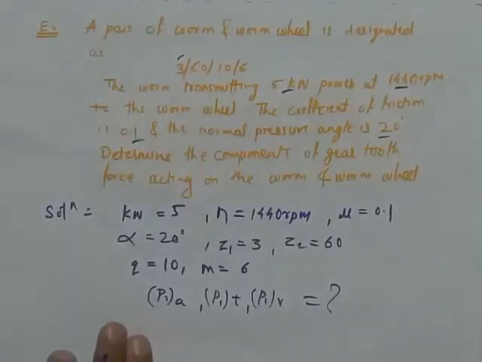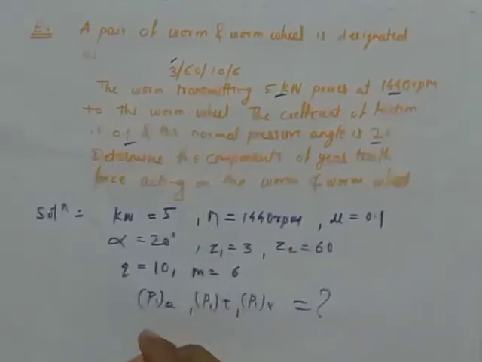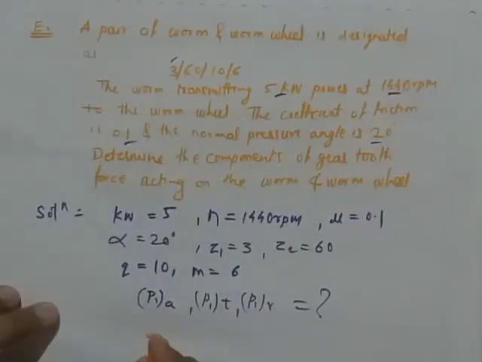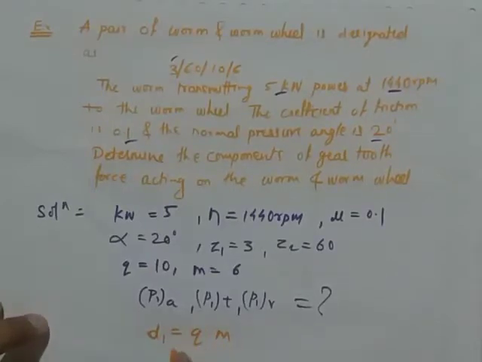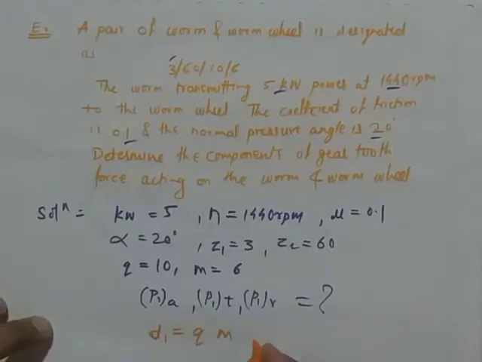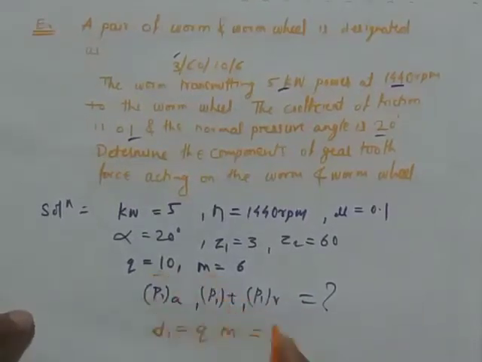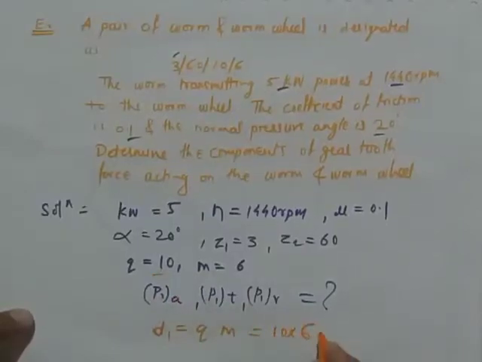To solve this, first we know the formula d1 is equal to q into m, because q was equal to d1 upon m. So d1 is 10 into module 6, which is 60 mm. This is our pitch circle diameter d1.